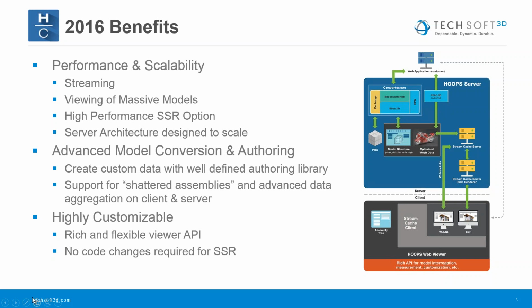One of the things that made us transition was this ability to now stream data instead of having to load a file in one singular chunk. You're able to actually stream a model to the client. That means you can interact with it very quickly. I'm going to talk about this a little bit later. Streaming, so we can view much larger models now compared to the old architecture. So you can interact with very large data sets on the client or in the high-performing server-side rendering.